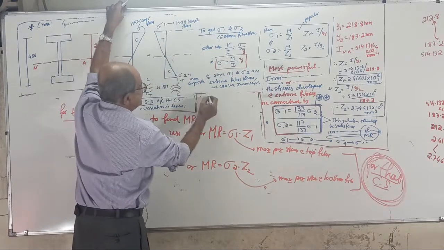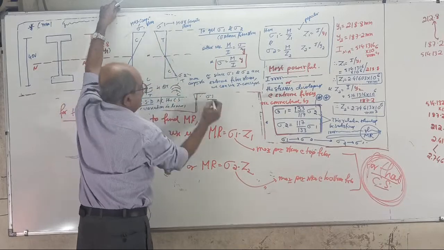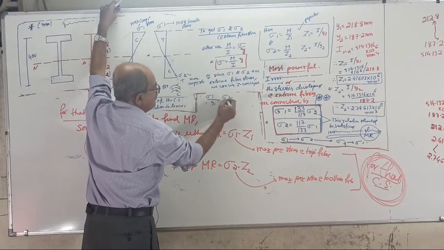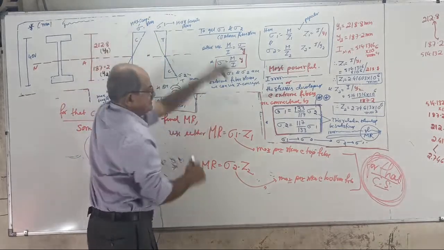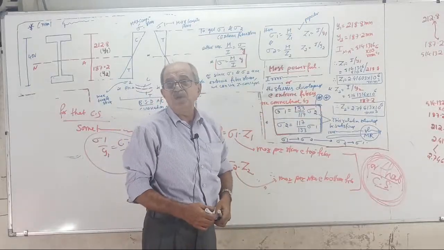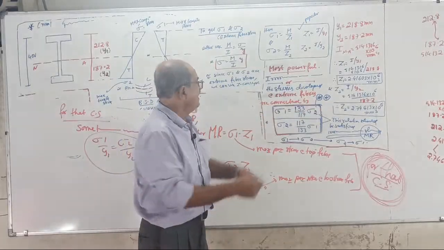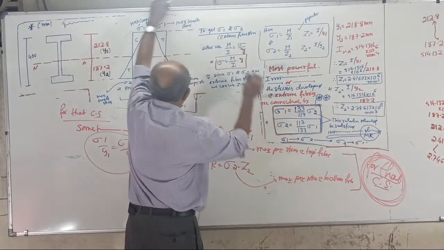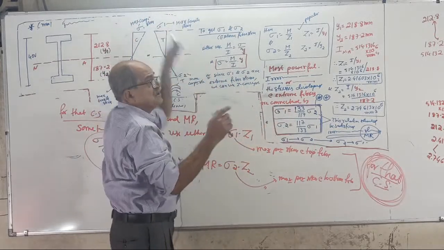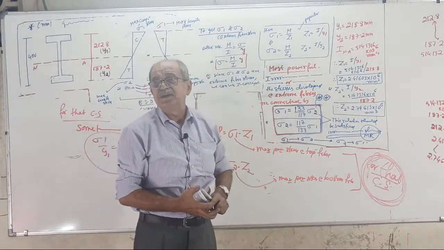Yesterday I wrote it, simplified. Why should I write once again? So this we got by the bending stress distribution pattern across the cross section.